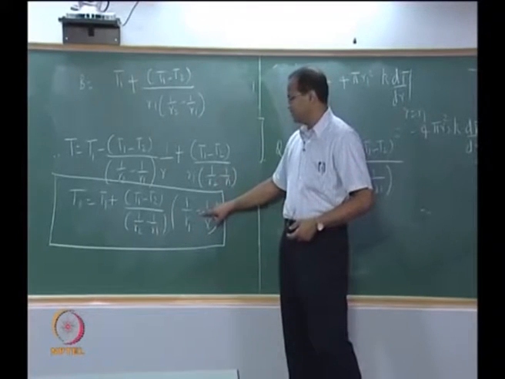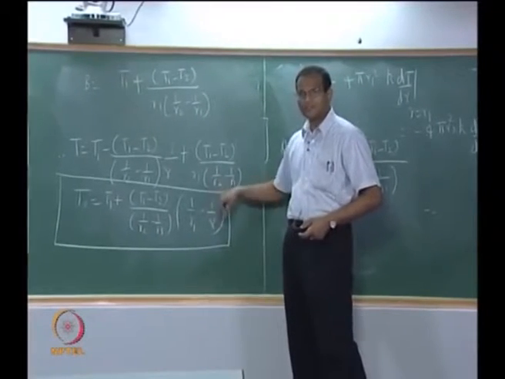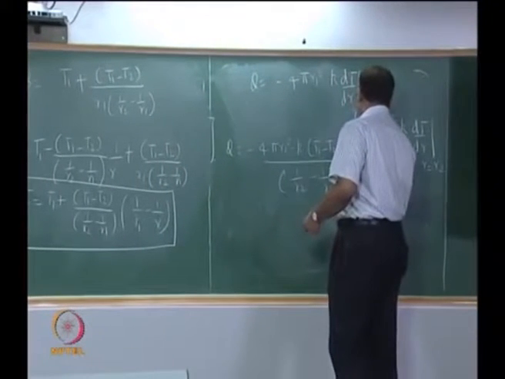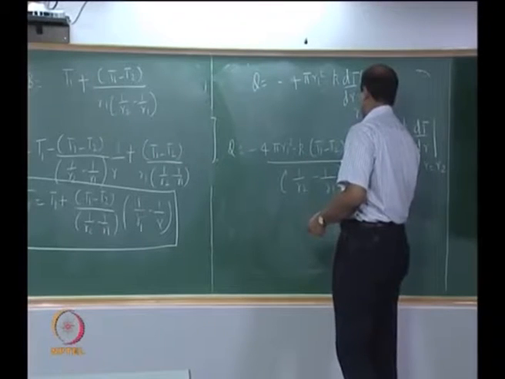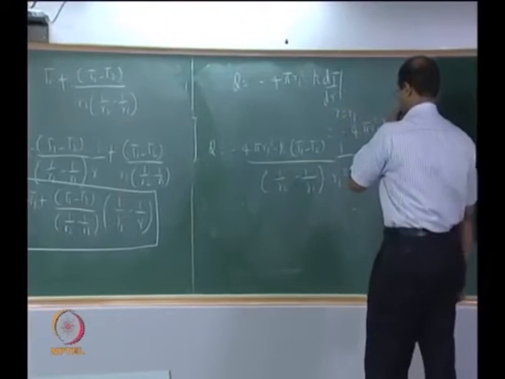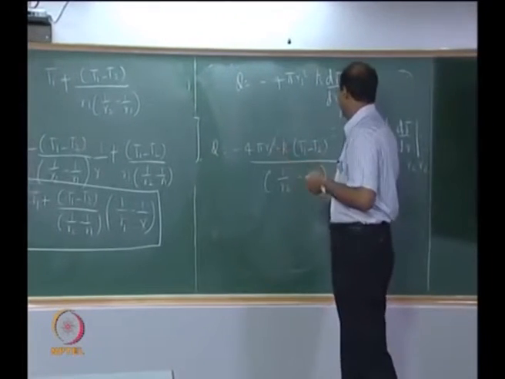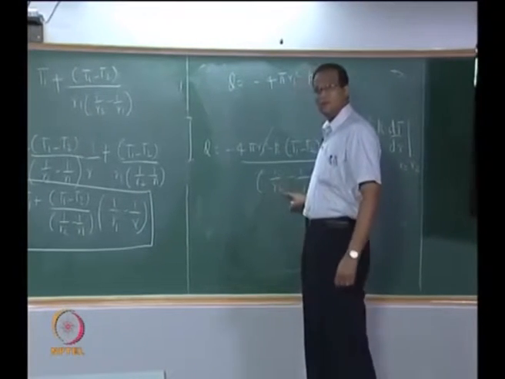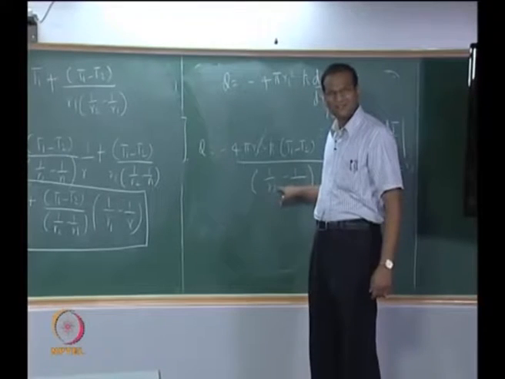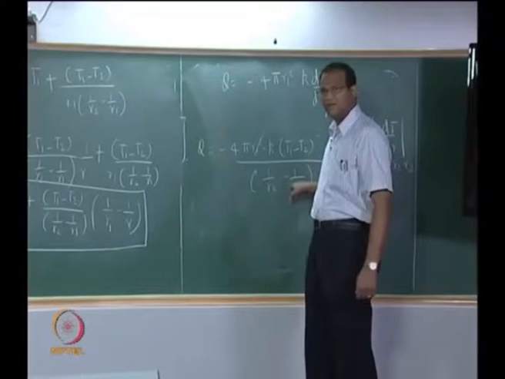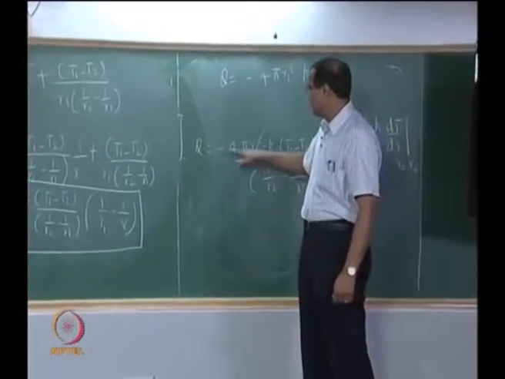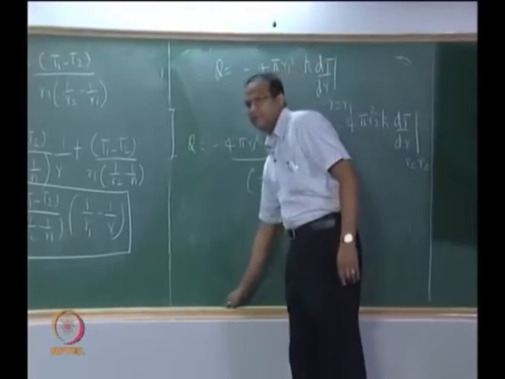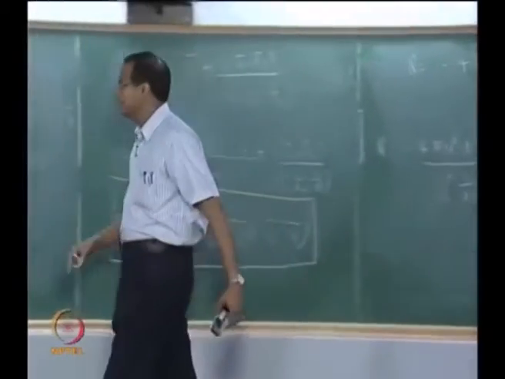There is already a minus 1 here. So it is plus 1 by r. R1 gets cancelled. 1 by R2 minus 1 by R1 is negative, since R2 is greater than R1. Therefore, the denominator is negative. I already have a minus sign. So Q is positive. I am home. I have no problem. Okay.